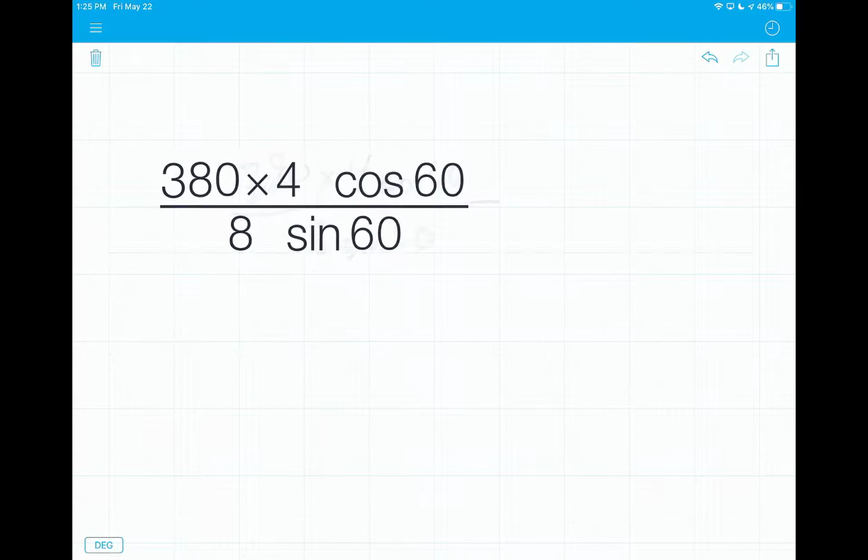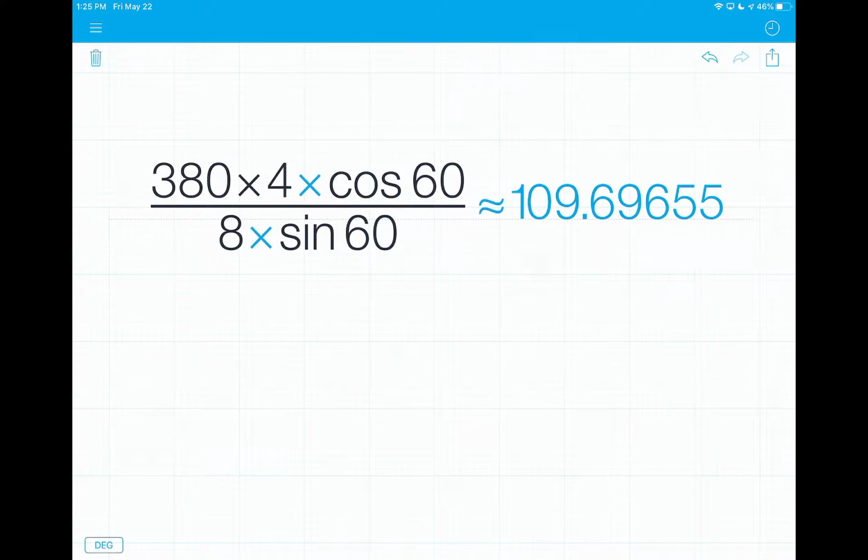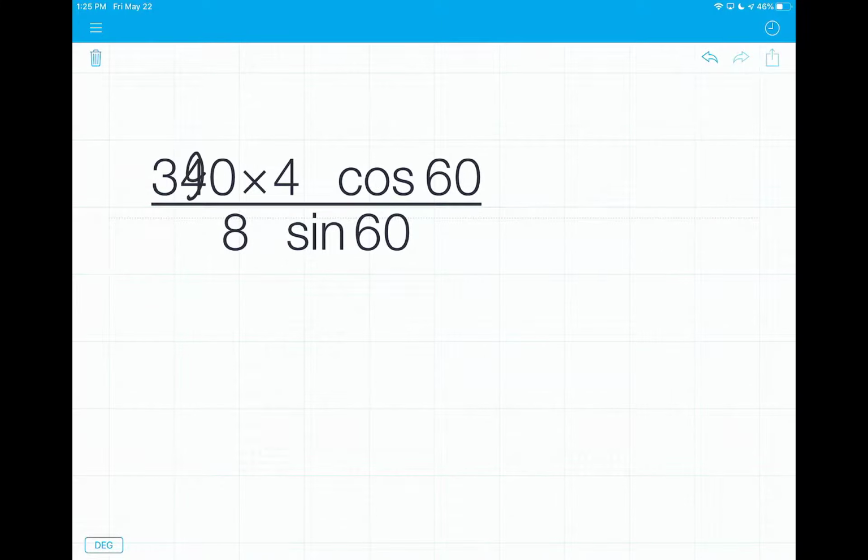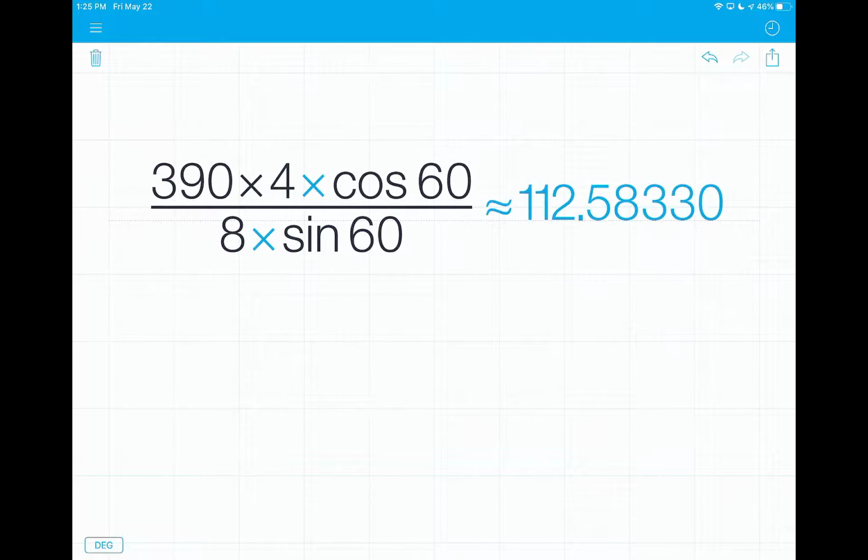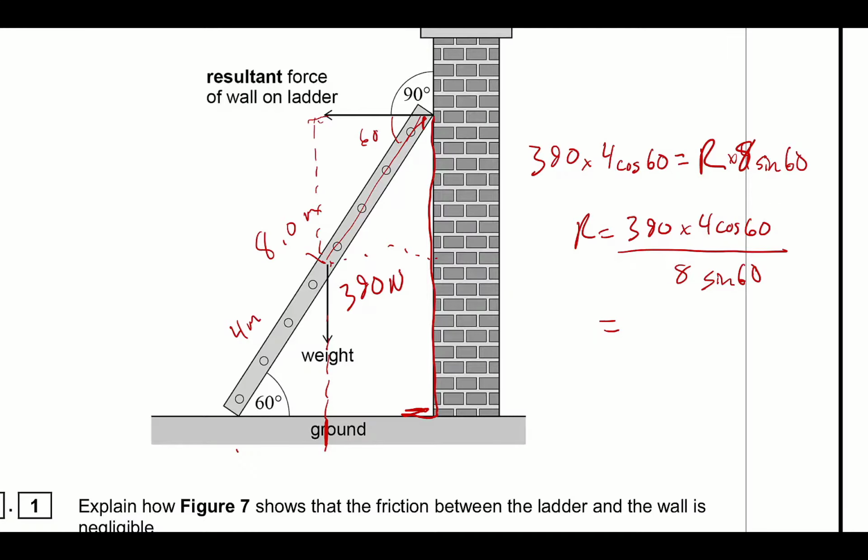Let's see if that's going to work. Oh, it's 113, or 110, everything's 2 sig figs, 110 newtons.